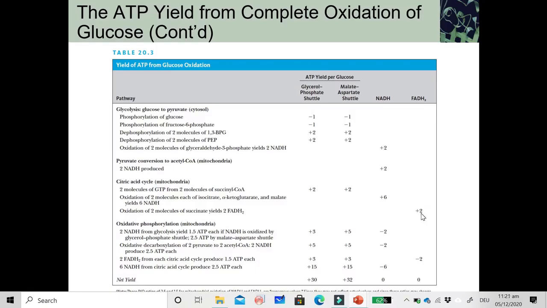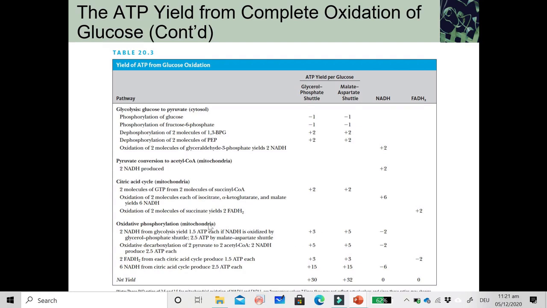So in that case, when you reckon the NADH and the FADH2, remember that you have 2 NADH from glycolysis. This is now the oxidative phosphorylation in the mitochondria. So 2 NADH from glycolysis yields 1.5 ATP each if NADH is oxidized by the glycerol phosphate shuttle.